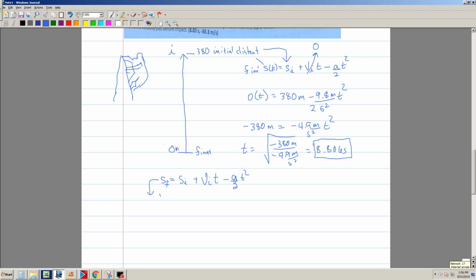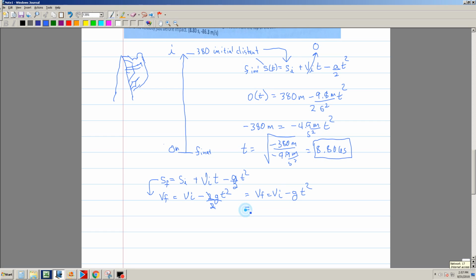The t goes away, and then this would be negative 2 G t. So I believe it's going to be V final equals V initial, and then this cancels, so it's negative G t squared. I believe this is correct.